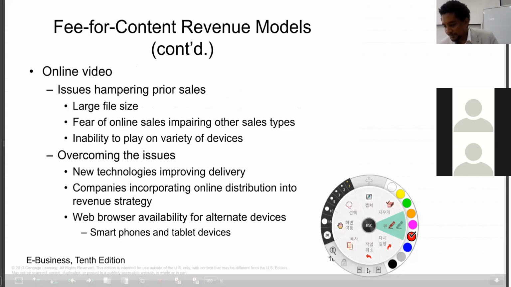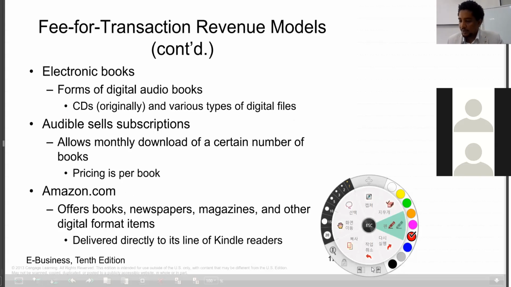Okay, and continuing with the fee for content revenue model. Then online videos. Okay, there are websites which allow you to, for example, watch a movie online, but you have to pay, right? So this is also a revenue model called fee for content, because you're getting the content, right? And fee for transaction. So this is the third one.